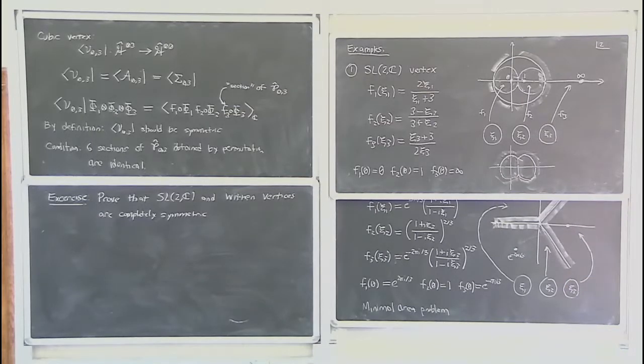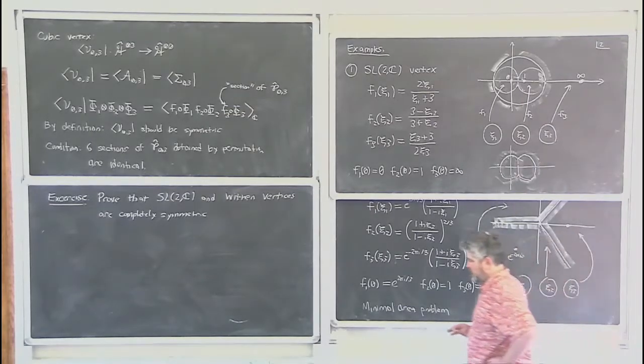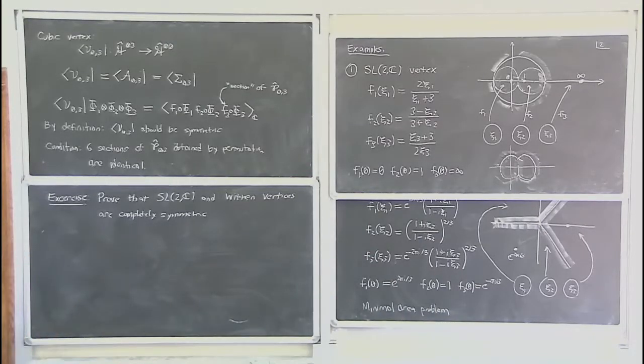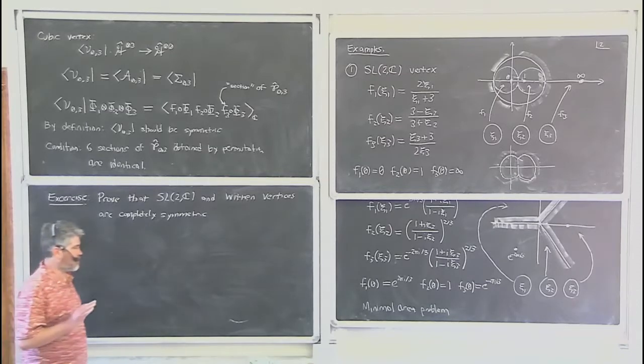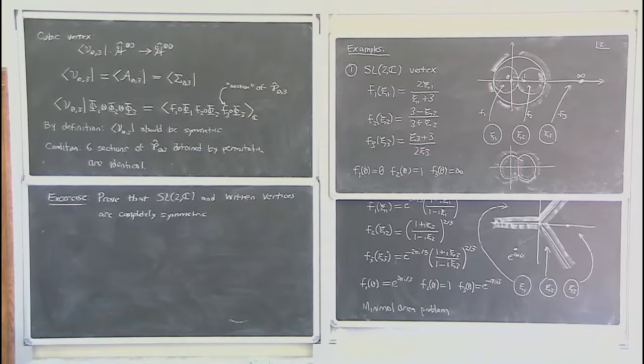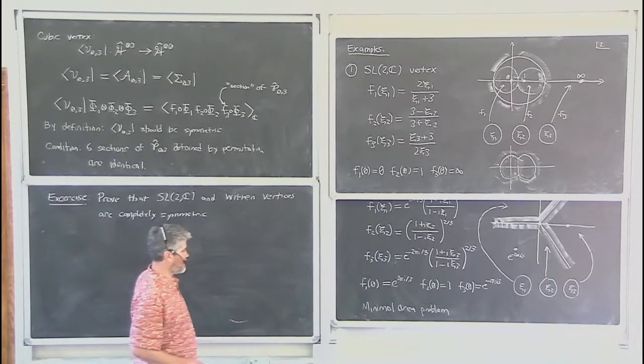So this prescription gives you a unique choice of closed bosonic string field theory, a preferred global section of PGN, and a preferred choice of field variable.